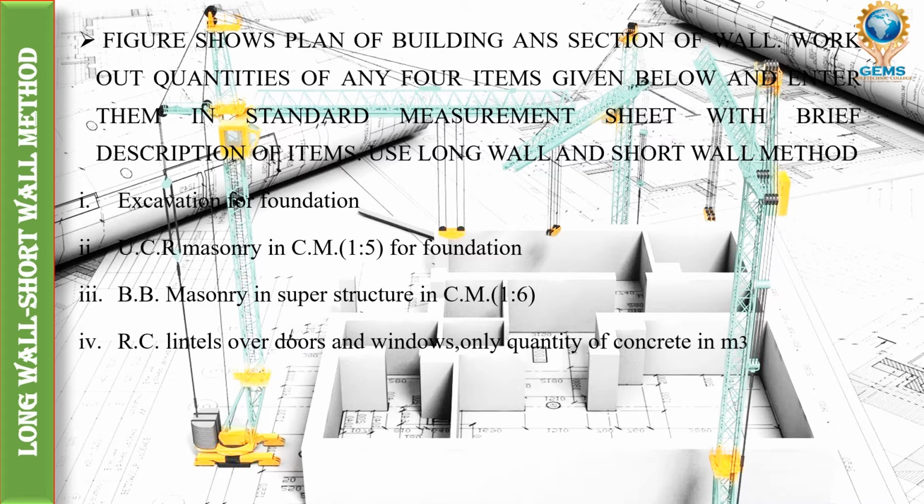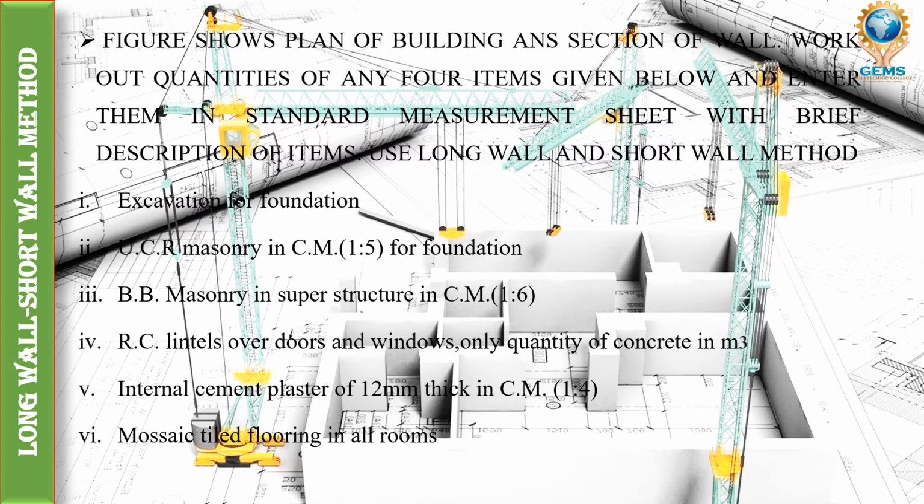Then the fourth is RC lintels over doors and windows, only the quantity of concrete in meter cube. Then internal cement plaster of 12 mm thick. And the last one is mosaic tiled flooring in all rooms. These are the six items we are going to solve in this problem.